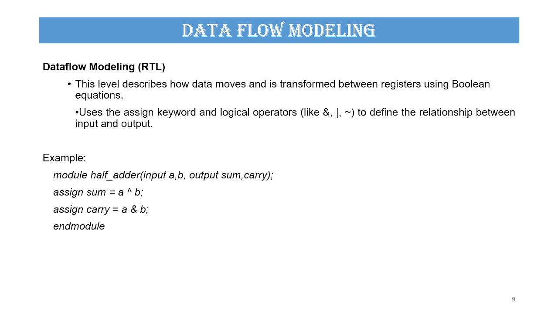It uses the assign keyword and logical operators like and, or, and negation to give the relation between the signals. This is an example for data flow modeling, using assign.